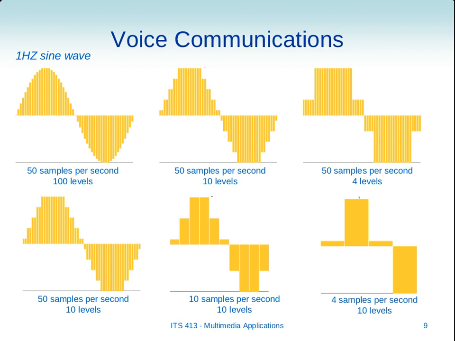So if you look at these rectangles here, you'll see there are 50 in that total time period. So at the source, we took our input sine wave, and if this is 1 second, during that time we took 50 different samples. Each sample was converted to a binary value. How big was the binary value? In the first case, we took the magnitude and divided it into 100 levels.